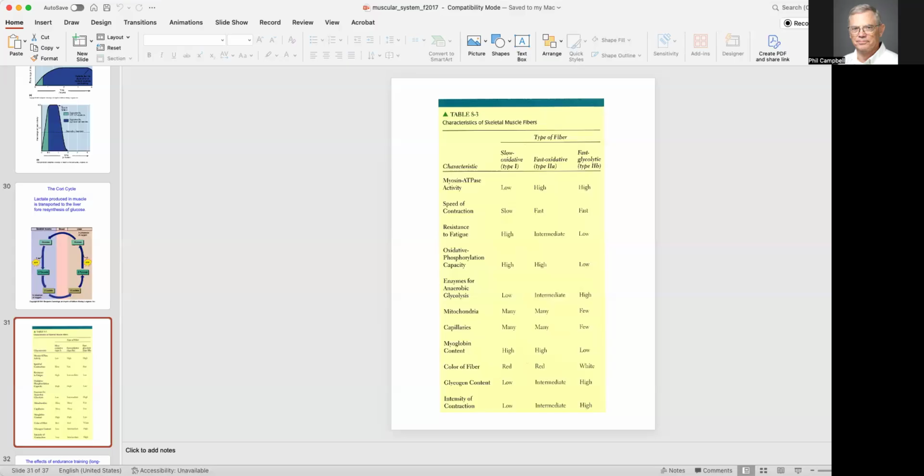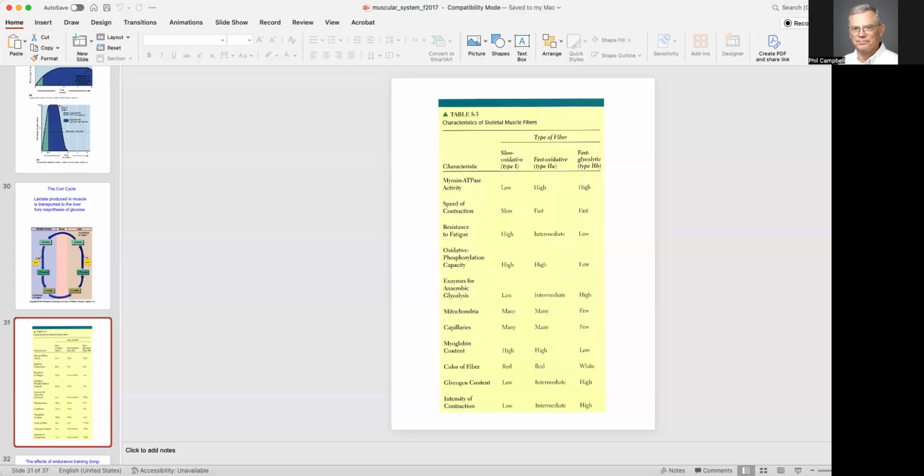Myoglobin content, what's that? When we get to the circulatory system and respiration, we'll be talking about hemoglobin, which is a protein within red blood cells which binds oxygen. Myoglobin is a similar protein, but existing in these fibers, and it binds and increases the intracellular concentration of oxygen, thereby providing for oxidative phosphorylation.